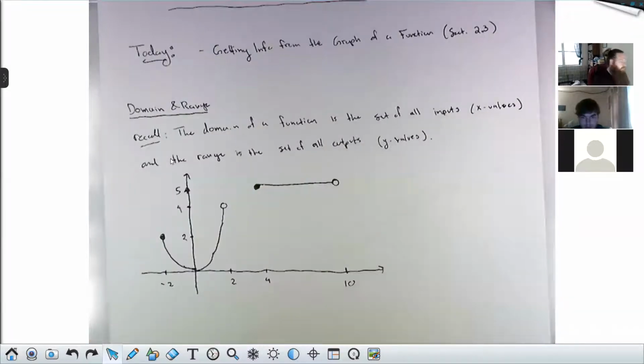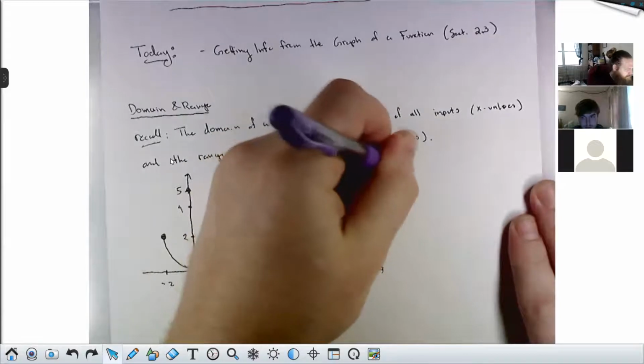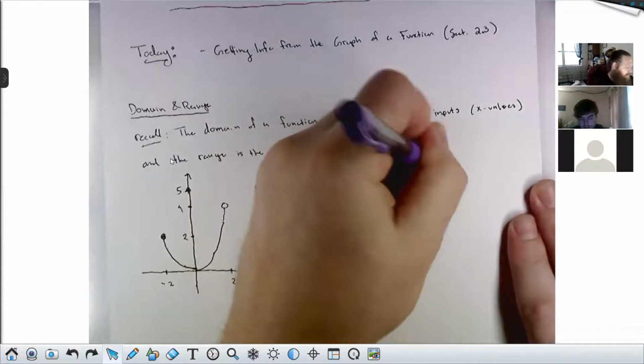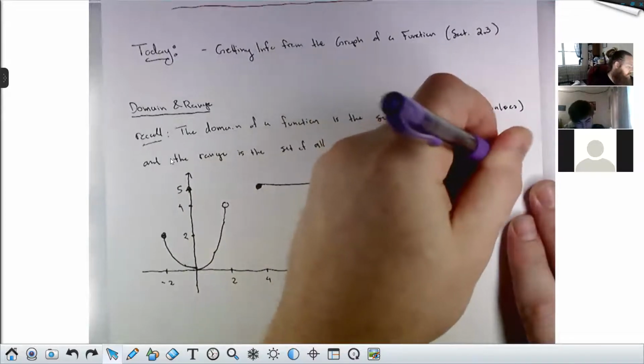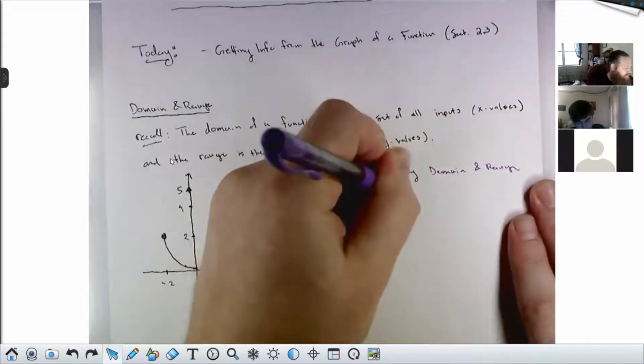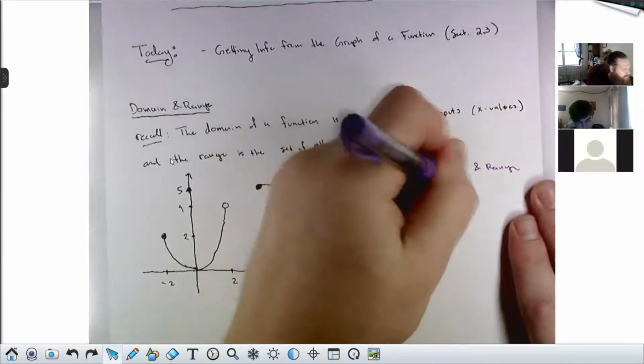Okay, so finding domain and range graphically. I'll get my hand out of the way in a second. I call it the smooshing game.